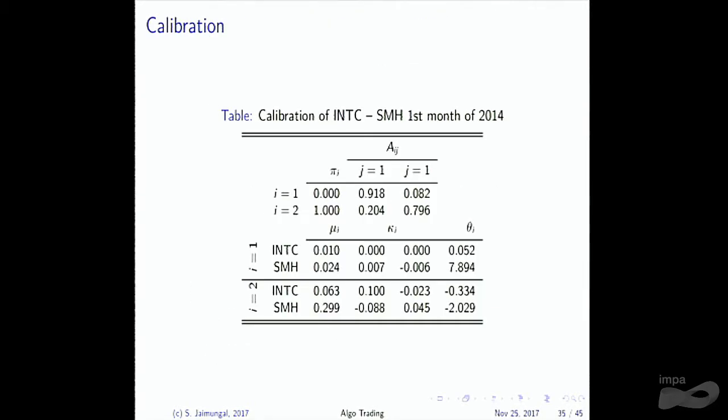And then if you run the calibration procedure, we have 2 regimes again. You'll notice that in regime 1, there's not really any codependence between the 2 assets. So they're kind of moving like Brownian motions on their own and not correlated in any way or co-integrated in any way.